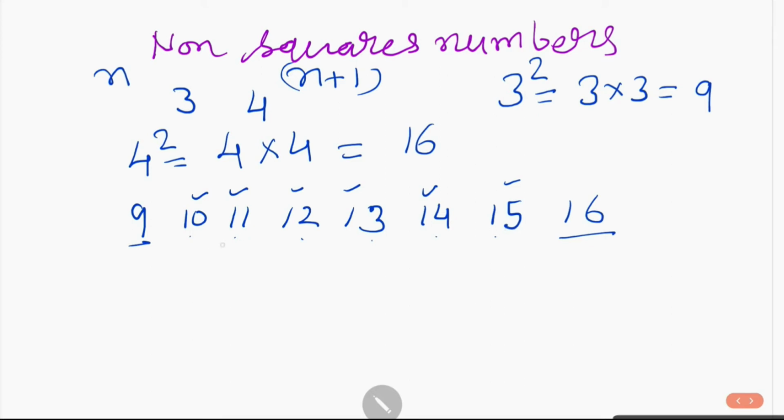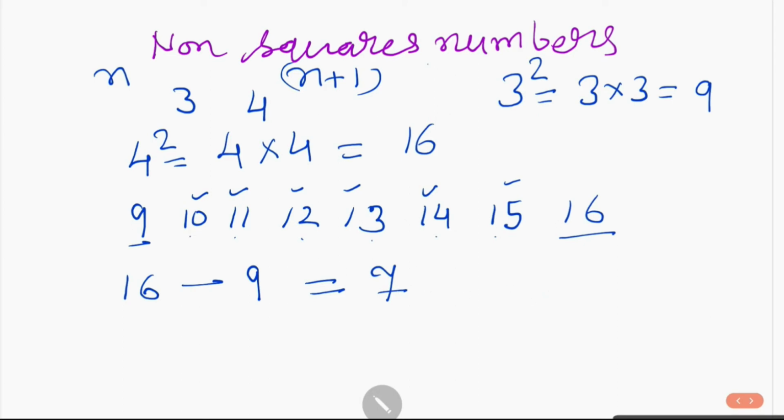If we don't want to count these numbers, what is the process? We can find n plus 1 square minus n square. That means 4 square, which is 16, minus 3 square, which is 9. So 16 minus 9 is equal to 7. And how many non-square numbers did we find here? 1, 2, 3, 4, 5, 6.